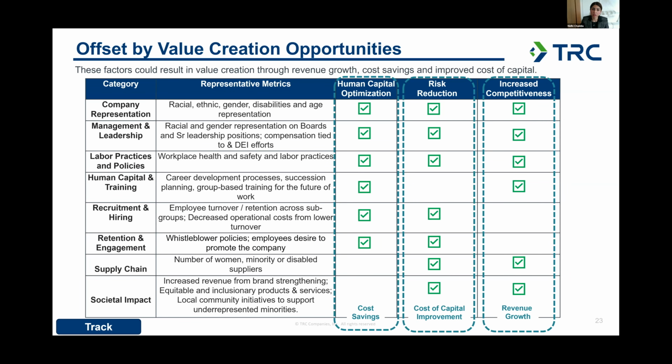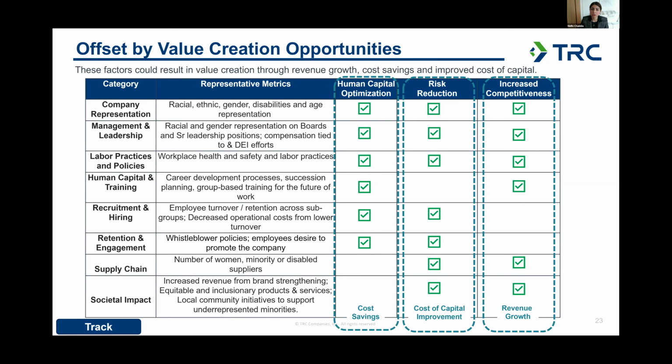On the flip side, when we look at value creation opportunities, we also will see in many of these levers being able to impact not only driving revenue growth, but improving the overall cost picture and overall cost of capital through reducing risk. And this is just one framework that we have utilized, where we are looking at everything from company representation and management leadership representation, all the way down to more complex topics such as human capital and training, recruitment, hiring, supply chain, and societal impact.